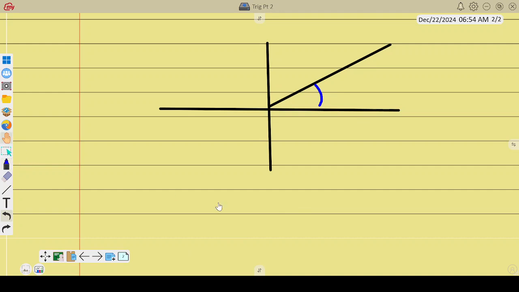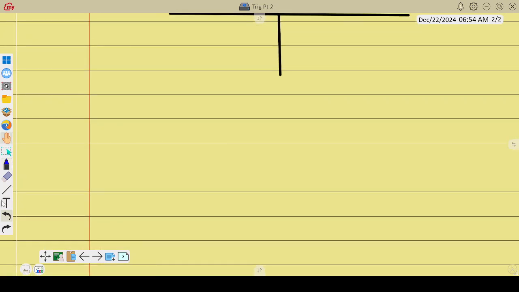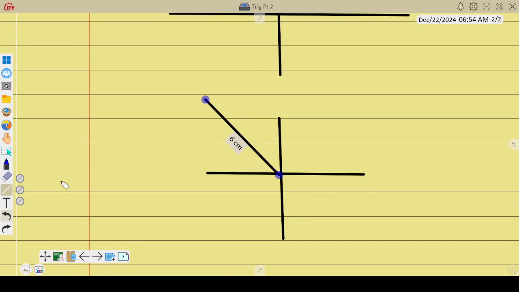Okay, so let me do another one. So what if we have an angle there? So you can be given that this angle, they can give you, it's 120, 150. You have to know that the helping angle is this small angle which is between the resultant and the x-axis.